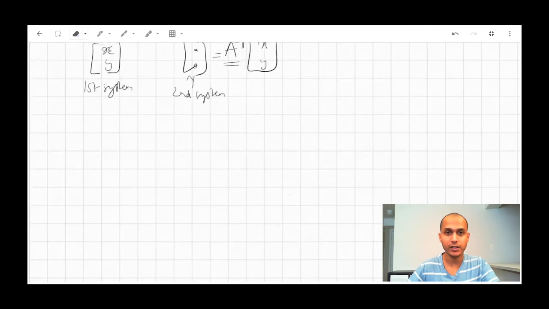Okay, so I'll end this with a point about transforming between the two different coordinate systems.